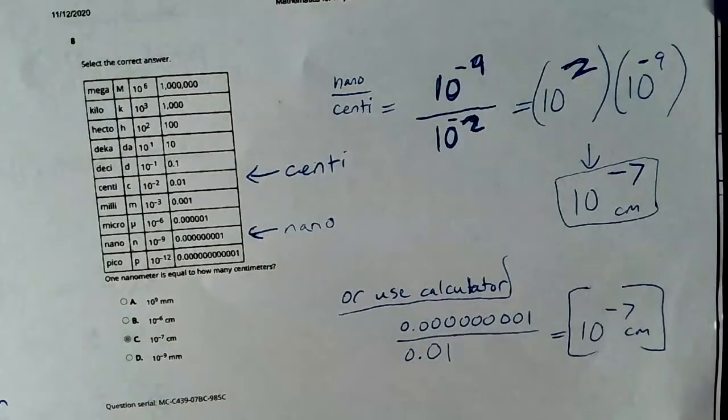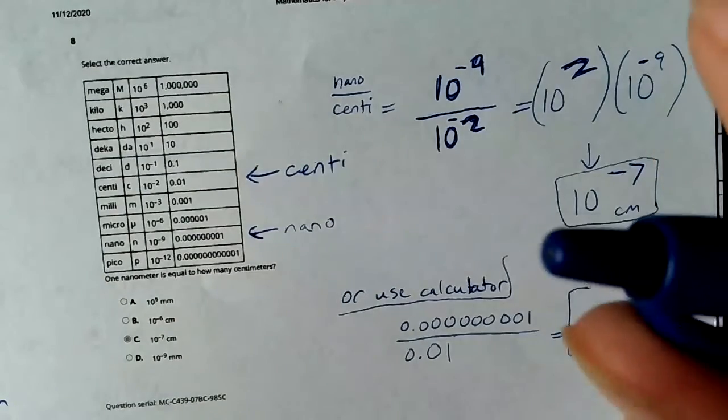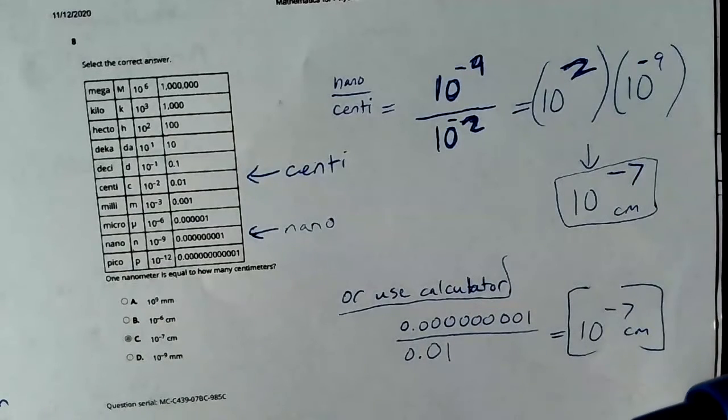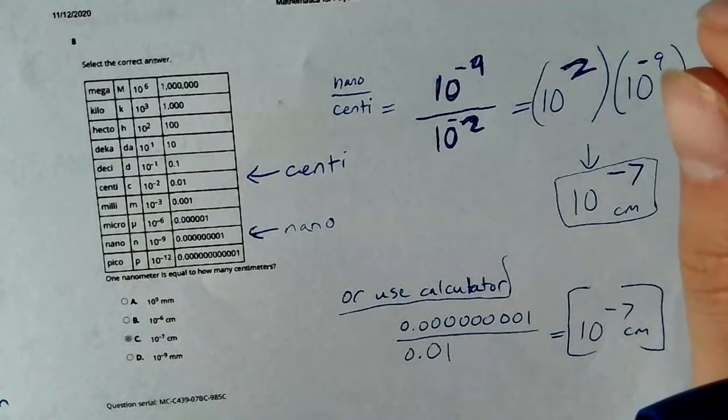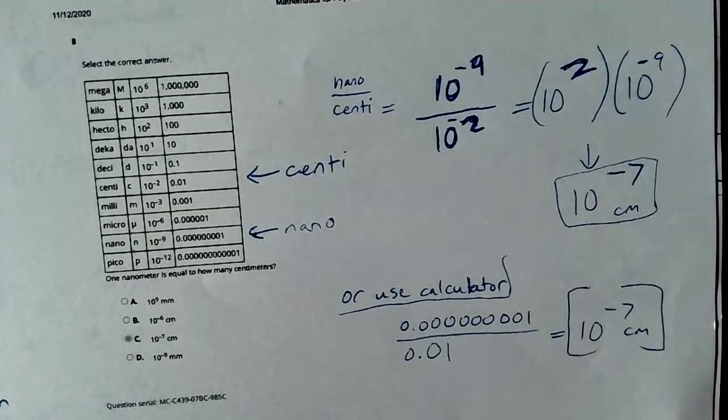And dividing by 10 to a negative power, or just anything to a negative power, is the same as multiplying it to the positive power. So dividing by 10 to the negative 2 is the same as multiplying 10 to the positive 2. Okay?